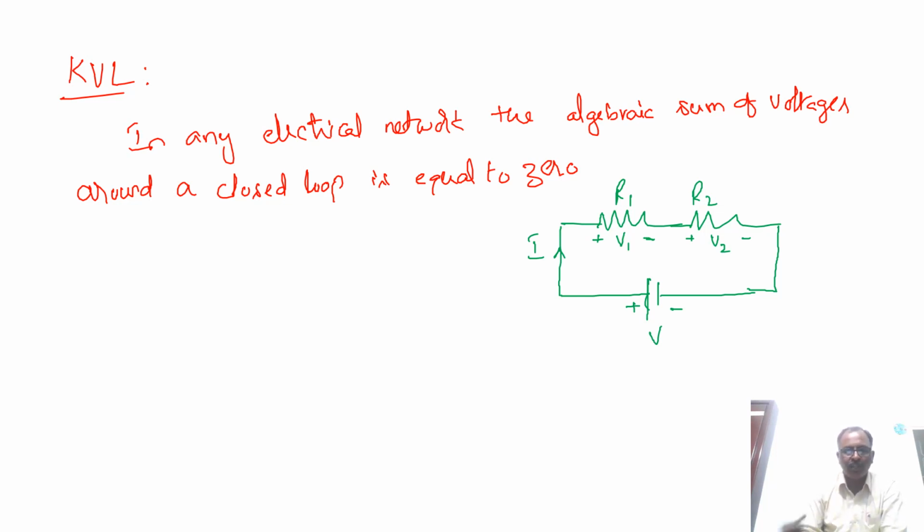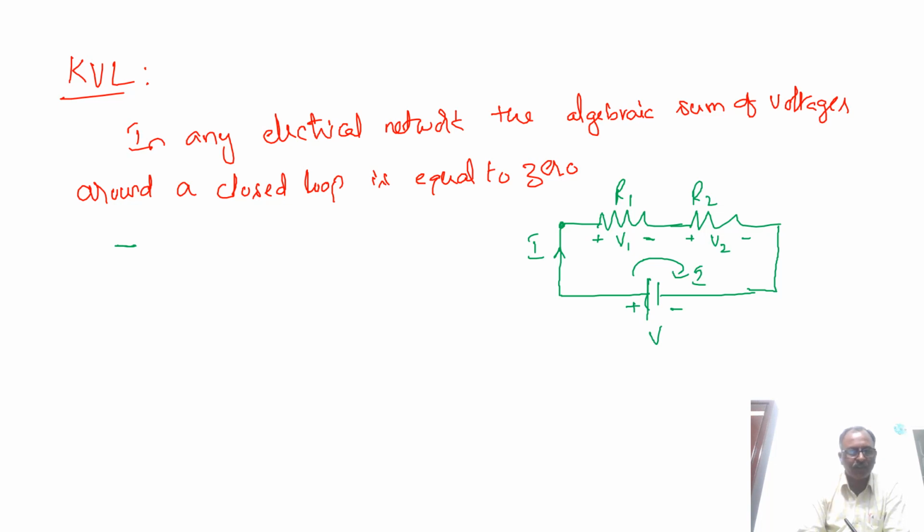Now if you write the loop equation here, the current I is the loop current. If we start from here, first we are going to come across a voltage drop. I am taking the voltage drop as negative and voltage rise as positive.